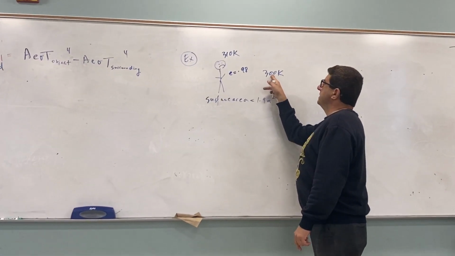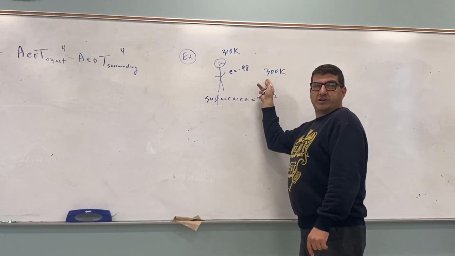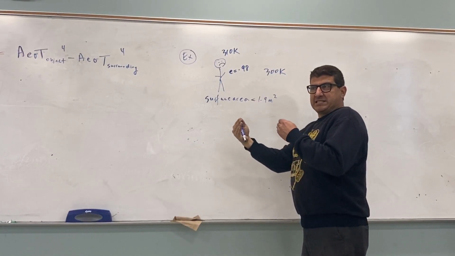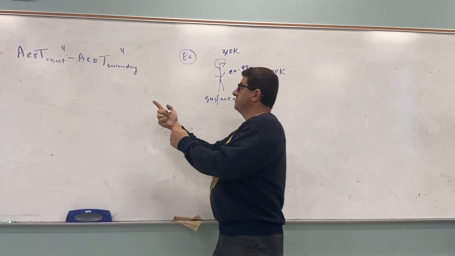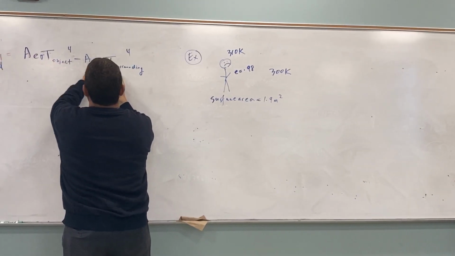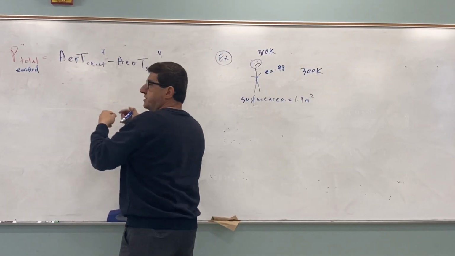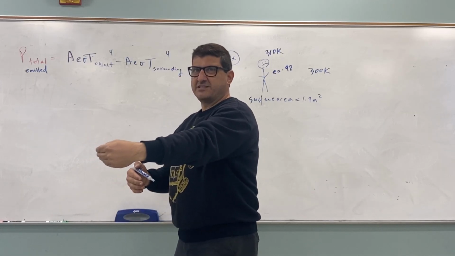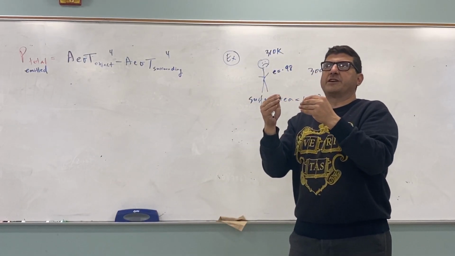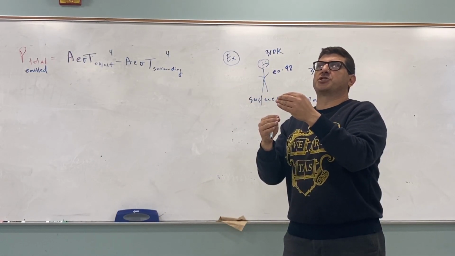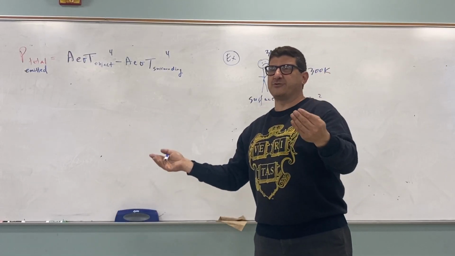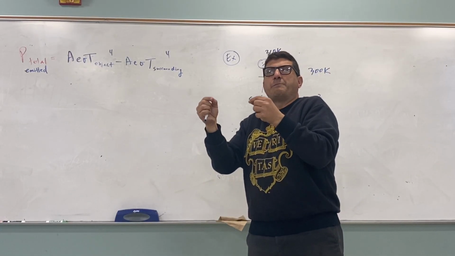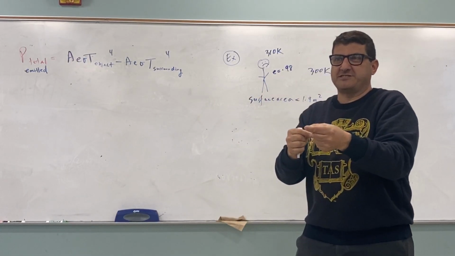Because the closer we get to it, the less the difference between the two, right? This starts approaching this. Therefore, the amount you're emitting becomes less. So you never actually reach thermal equilibrium with your surrounding, but you can asymptotically reach it, you see?